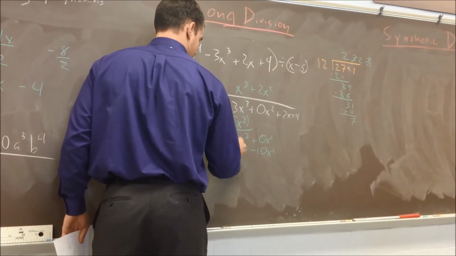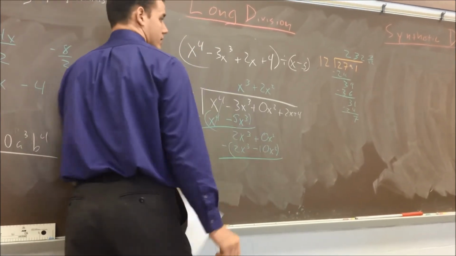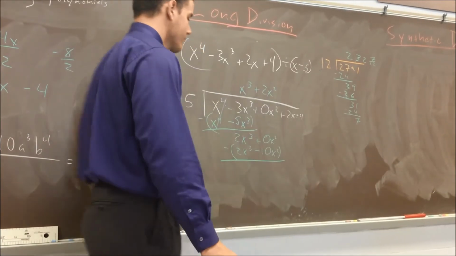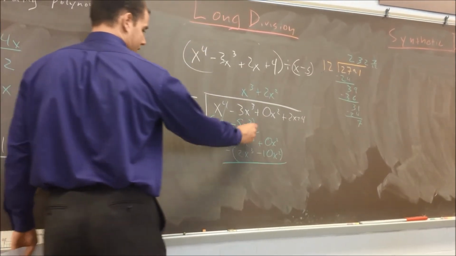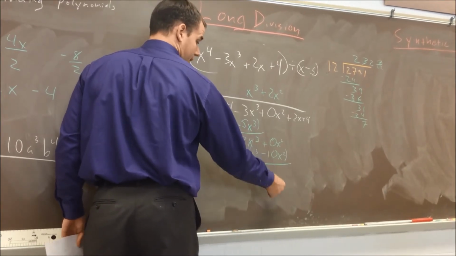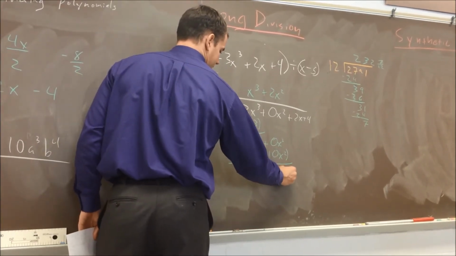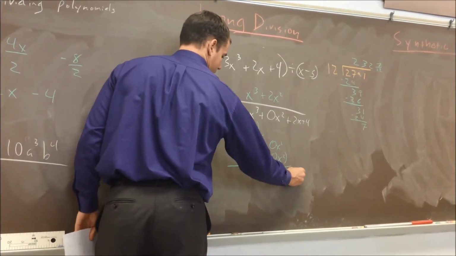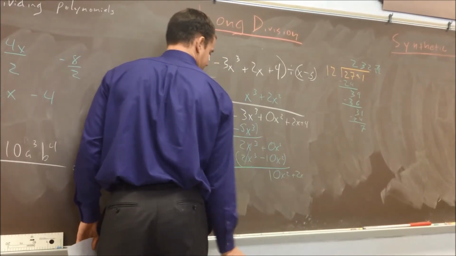And I'm going to subtract, just like I did here. Those cancel out. 0 minus negative makes it positive. 10x squared plus 2x.